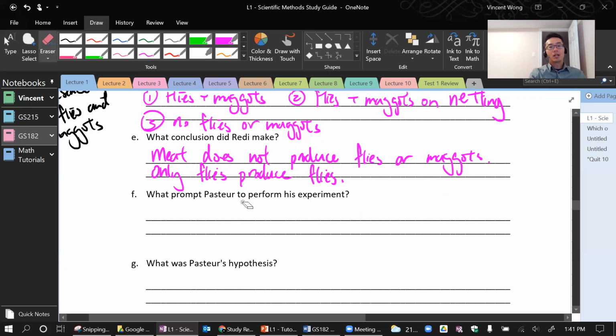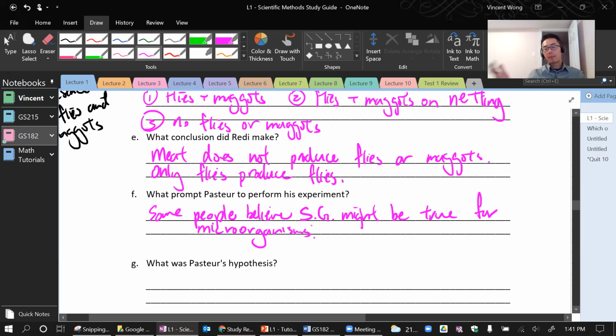So he also performed a set of experiments, and the reason he did it is that some people believed spontaneous generation might be true for microorganisms.